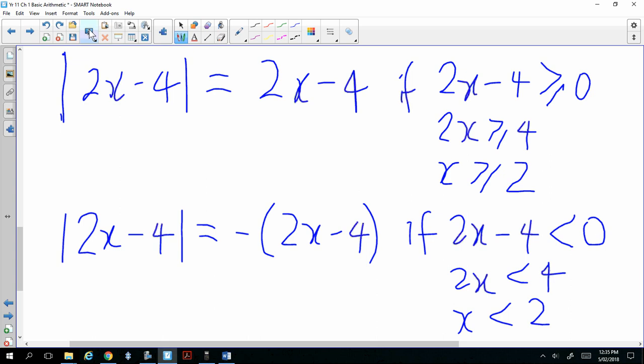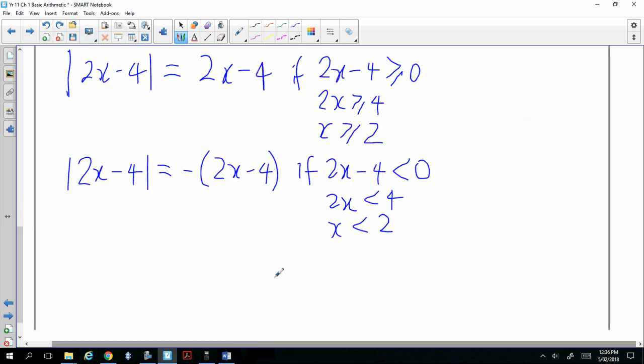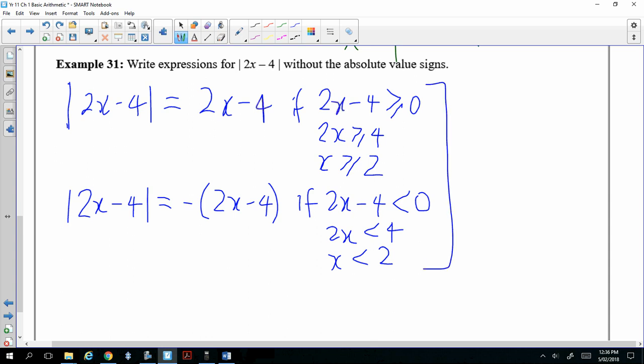So you write absolute value of 2x minus 4 equal curly brackets because there are two options. The first option is this, as long as x is more than 2. Ran out of space. Maybe I'll write it below. Okay, I'll write it below.